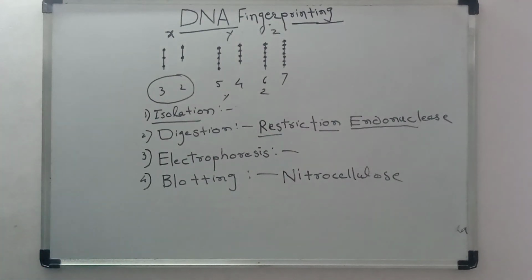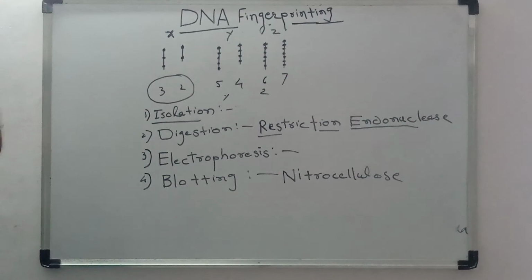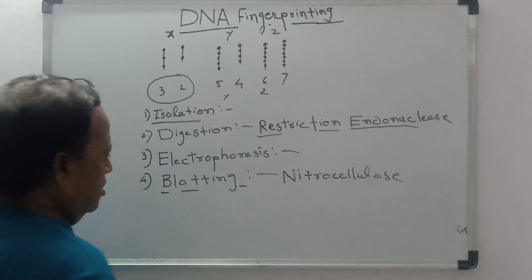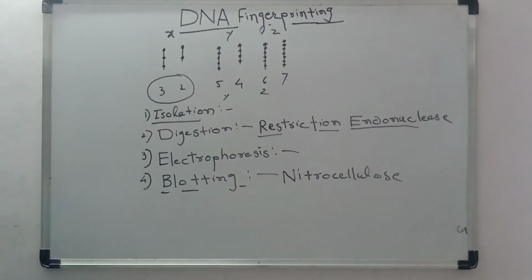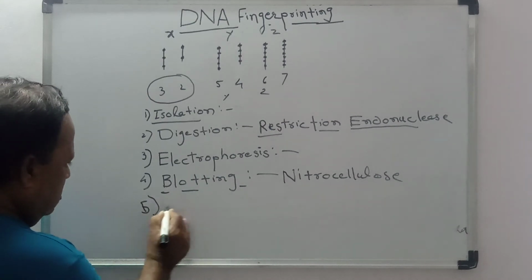The fragments are transferred onto nitrocellulose paper. This process is called blotting. Okay.